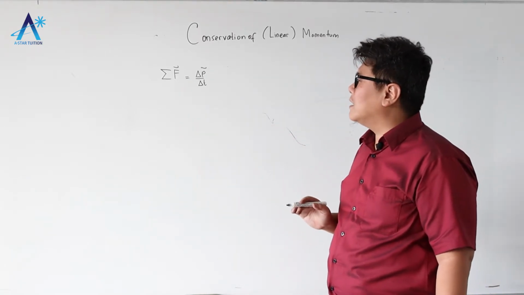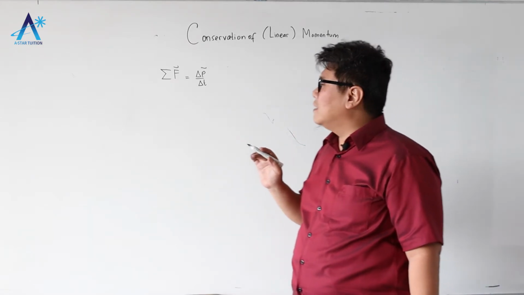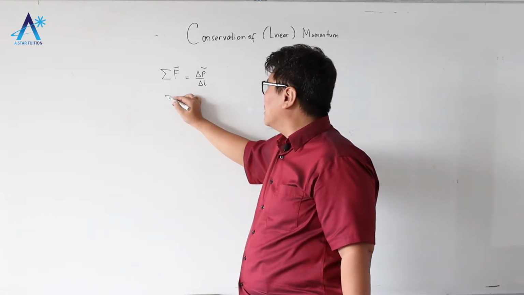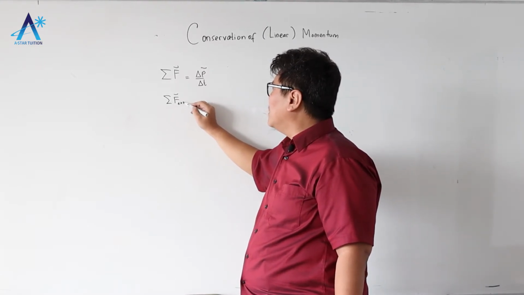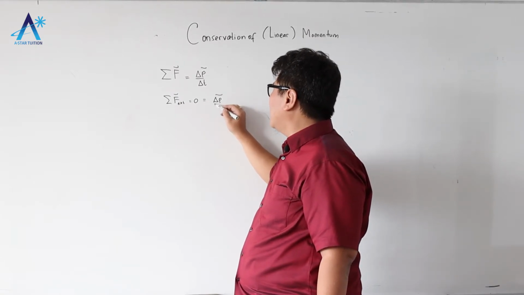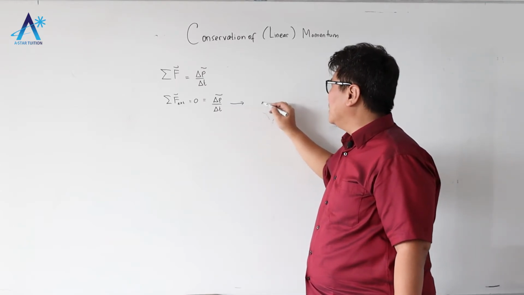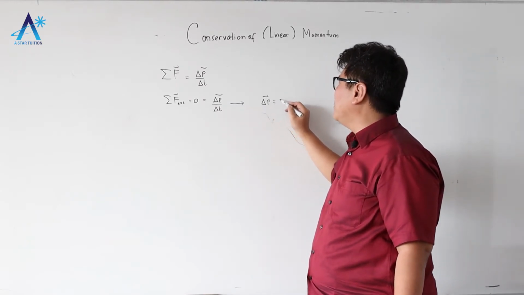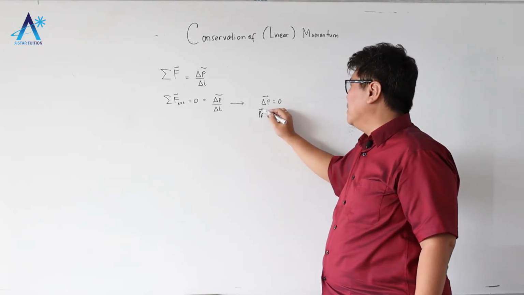When I say resultant, I mean the external resultant force. When the external resultant force is equal to 0, that means the rate of change of momentum is 0, which means the change in momentum is 0, which means the final is equal to the initial.